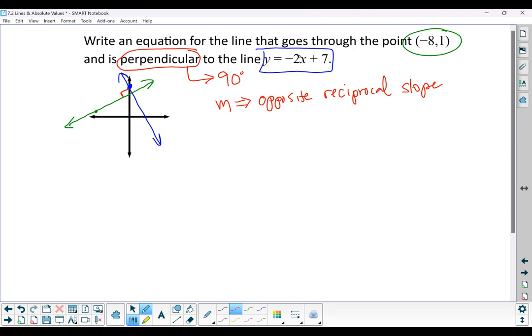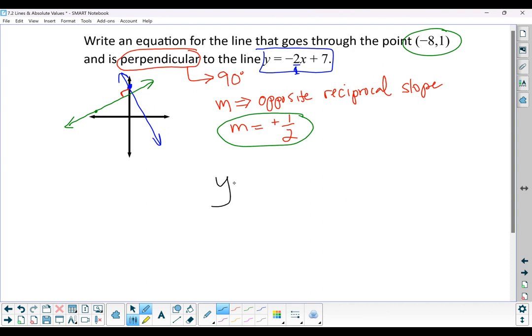So if this original line has a slope of -2, the slope of our line is going to be positive. And if I think of that 2 as 2 over 1, the reciprocal of that would be 1/2. So the slope of the line that we're trying to write is going to be positive 1/2, the opposite sign and the reciprocal.